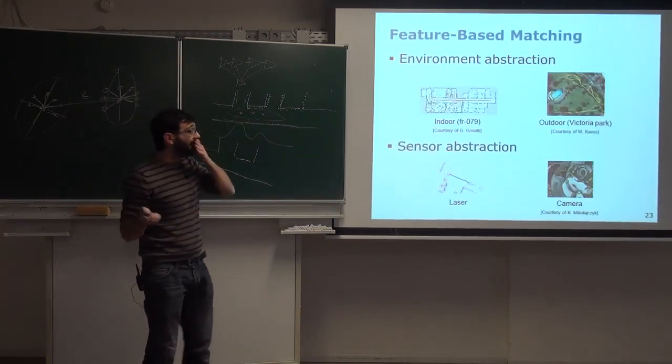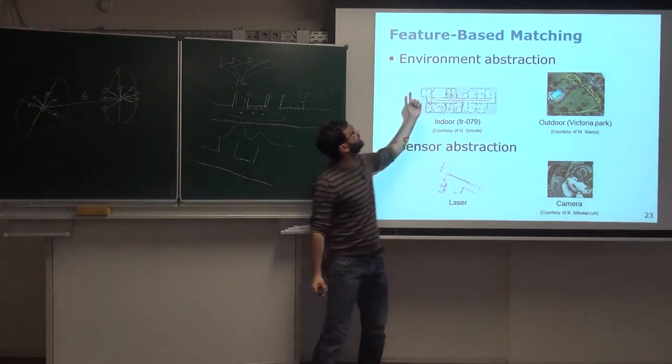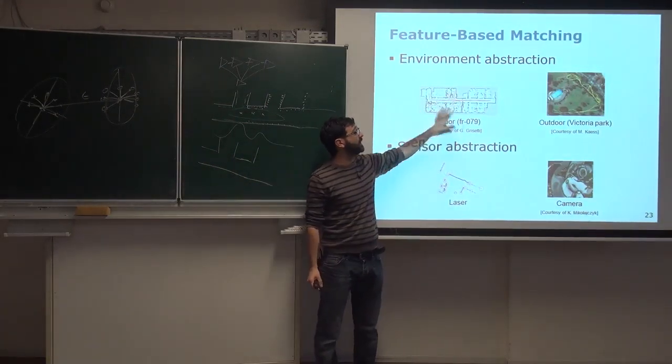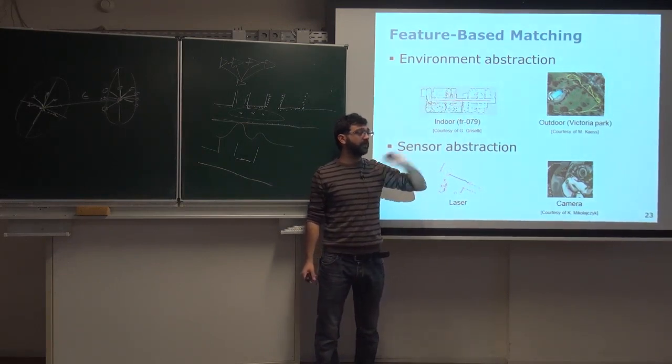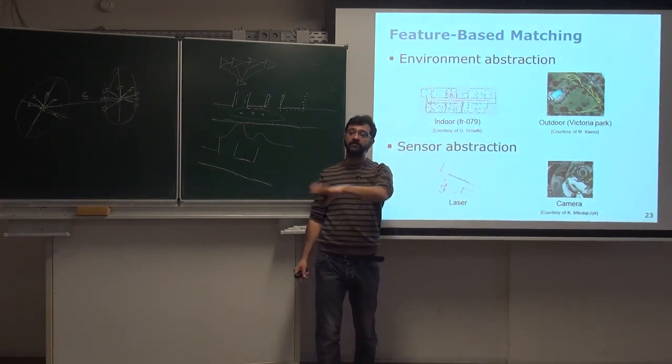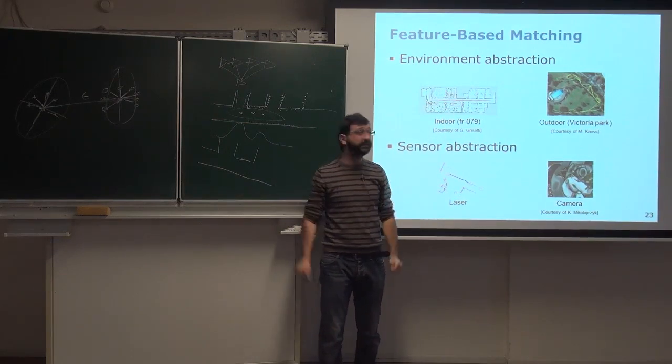From another point of view, it's also very interesting because you can abstract a lot of properties of either the environment or the sensor, and just have one framework again.